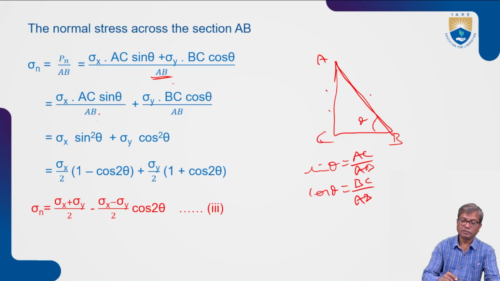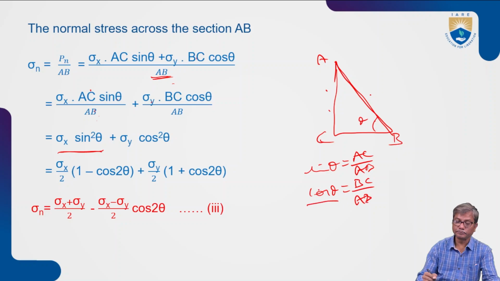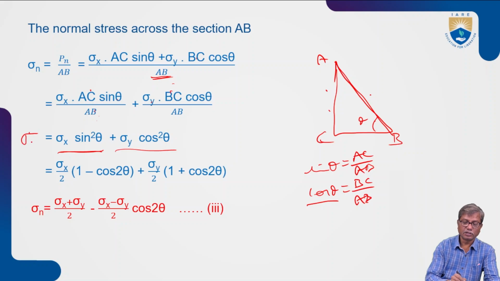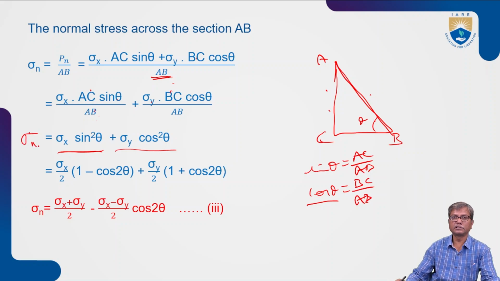So sigma x sin theta into sin theta, that is sigma x sin square theta. Sigma y into BC by AB is cos theta. Okay, so cos theta into cos theta, that is cos square theta.